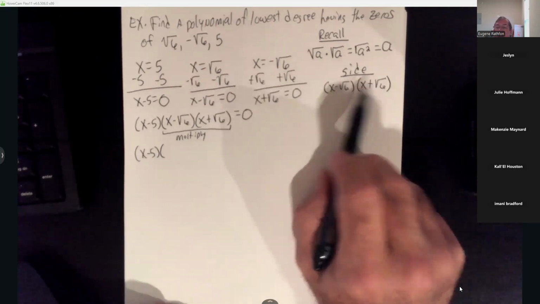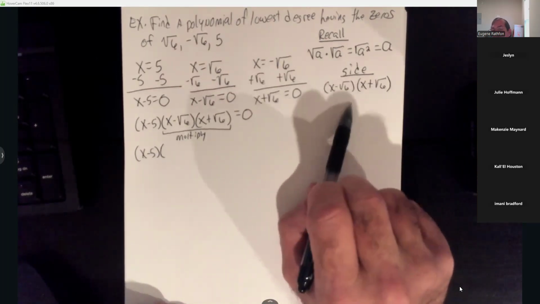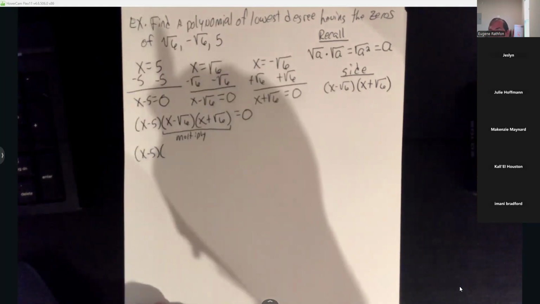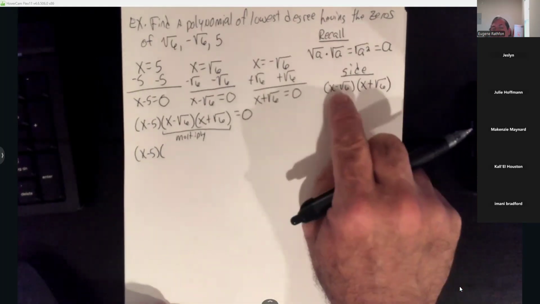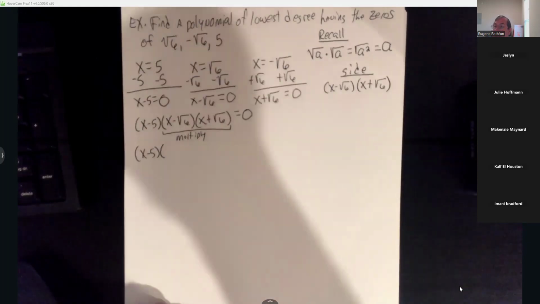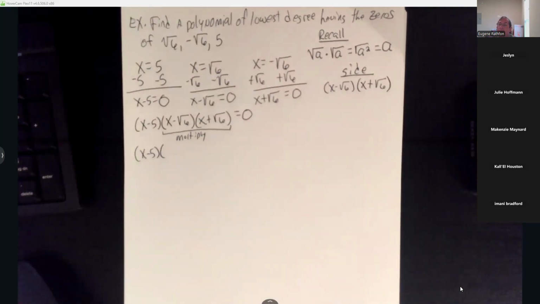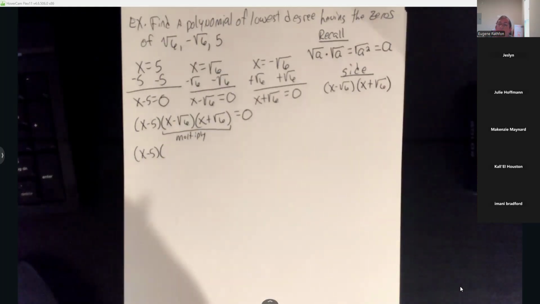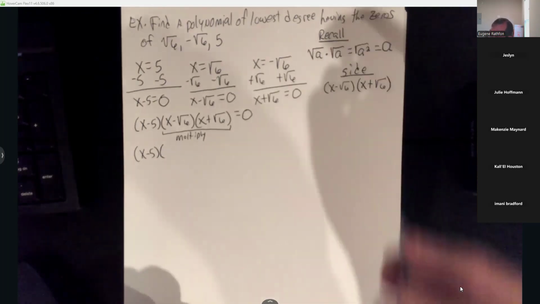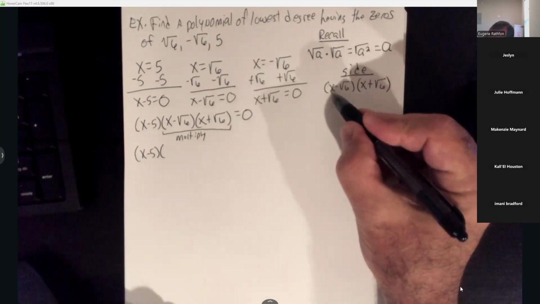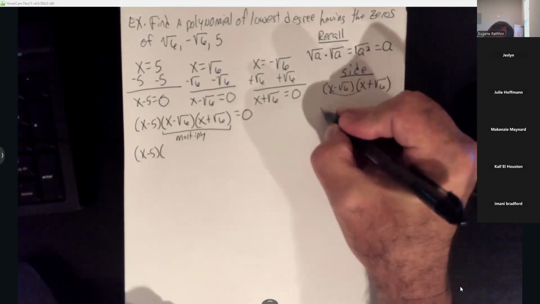Now remember, these are conjugate pairs, so once again, the middle terms are going to cancel. And when you multiply conjugate pairs of radicals, the radicals will disappear. Just like a while ago, the i disappeared, the imaginary stuff. Well, these conjugate pairs, the radicals will disappear, okay? So y'all watch this. X times x is x squared.